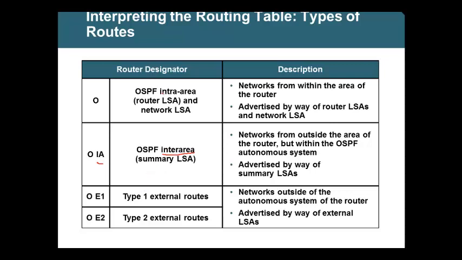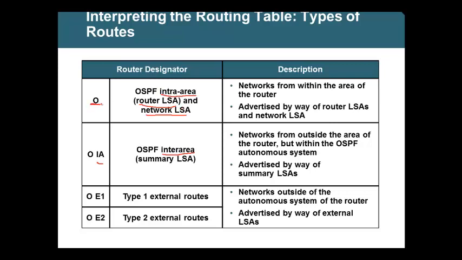IA means inter area. Now, O means OSPF routes learned because of the type 1 and type 2 LSAs. Type 1 LSA is the router LSA. Type 2 LSA is the network LSA. So the routes that we learn from the type 1 and type 2 LSAs are called OSPF intra-area routes. Intra means within the area.